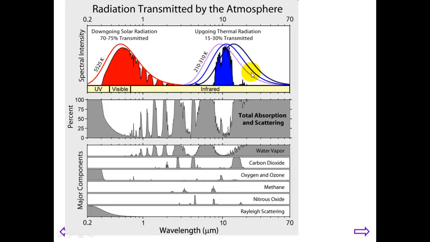And why is that? Here we have a graph of the amount of absorption that takes place. Absorption and scattering. So this is the part of the radiation which is re-emitted by the Earth because it's warm. This is completely absorbed, this radiation, by the atmosphere. So therefore we don't manage to emit this from the Earth.